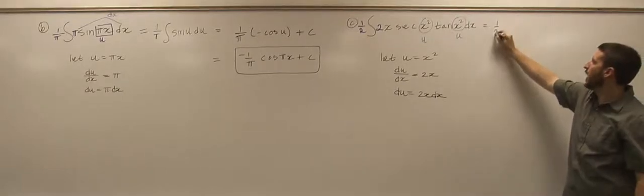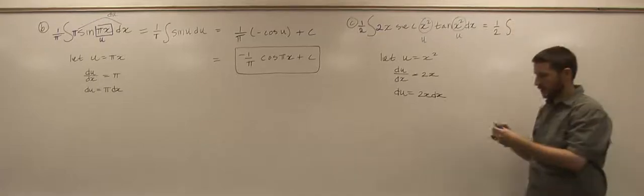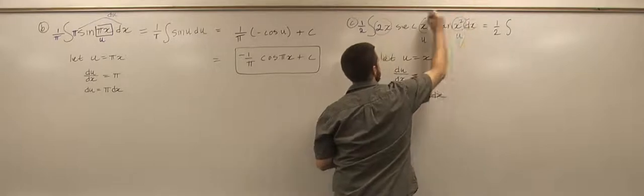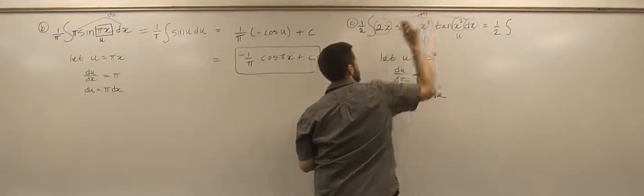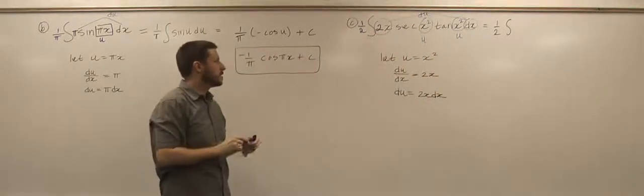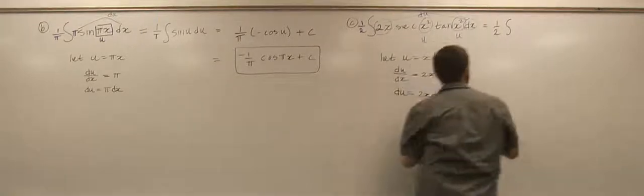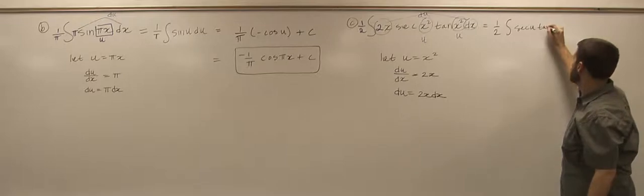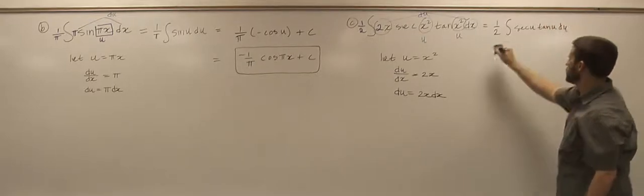So this becomes 1/2 the integral of the 2x and the dx contribute to the du. So all I have left is secant u, tangent u, du.